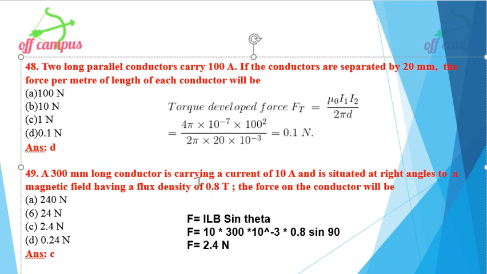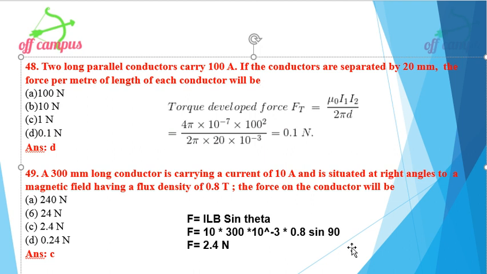So just substitute all values. I equal to 10 amperes. L is length, 300 into 10 power minus 3. B is magnetic flux density, 0.8, into sine theta. Theta value is given as right angles, which means theta equal to 90 degrees.